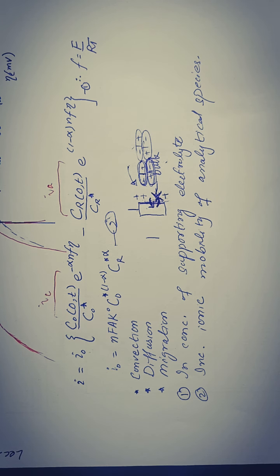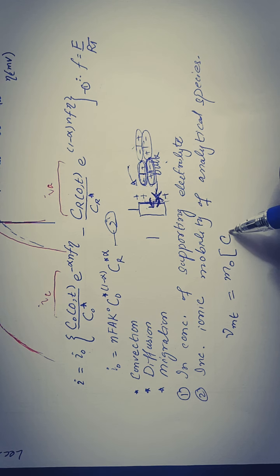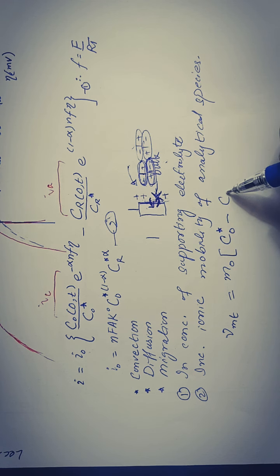The rate of mass transfer for the anodic component is written as the mass transfer coefficient times the concentration of the species within the bulk minus the concentration at the surface of the electrode.